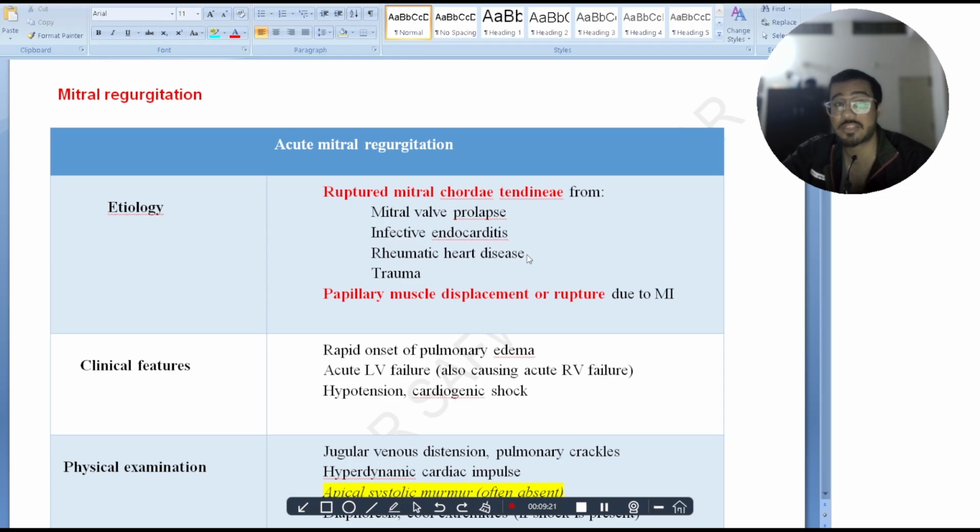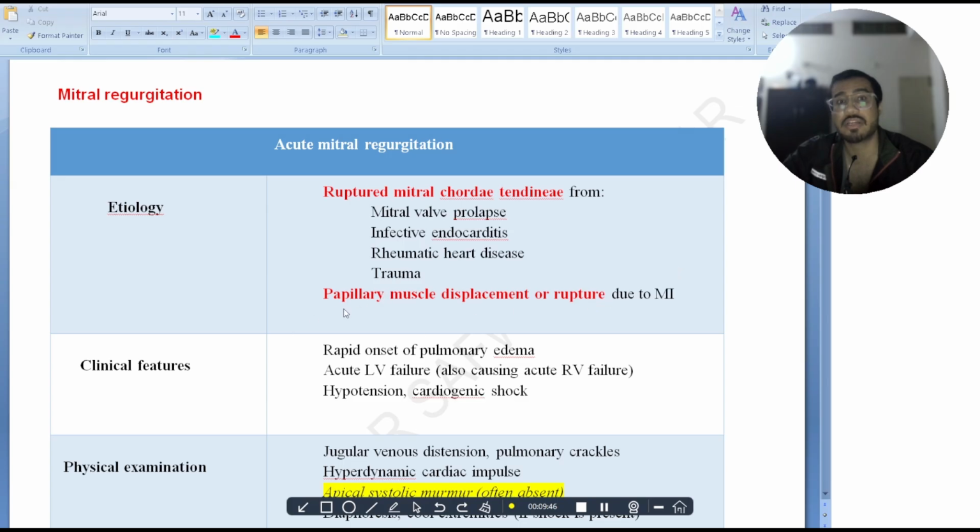The initial presentation is going to be regurg, the late presentation is going to be mitral stenosis. Rupture of mitral chordae tendineae from papillary muscle displacement or rupture due to MI. So this is also a high yield one. After MI, there's papillary muscle rupture due to the papillary muscle going ischemic, and the fibrosing that can result in mitral regurg as well.